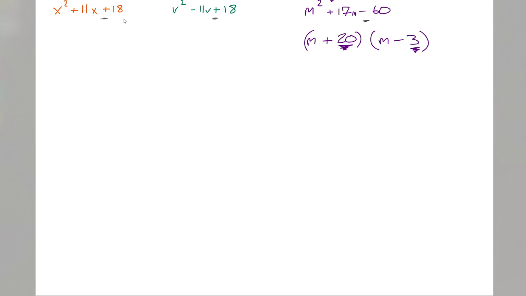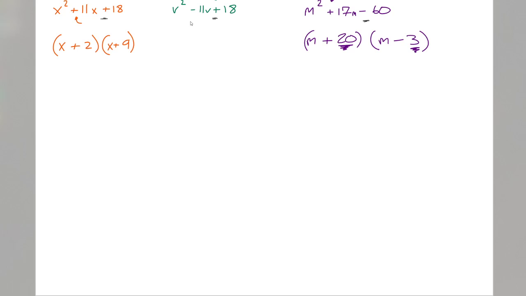Now, if your trinomial has a positive last term, it will either be negative factors or positive factors. To determine that, you need to look at the second term. If the second term is positive, then you know we'll be dealing with positive factors, because in order to get a positive product and a positive sum, we need to be multiplying positive values.